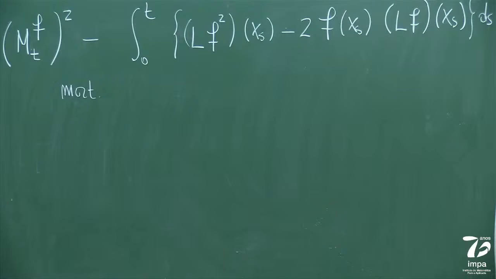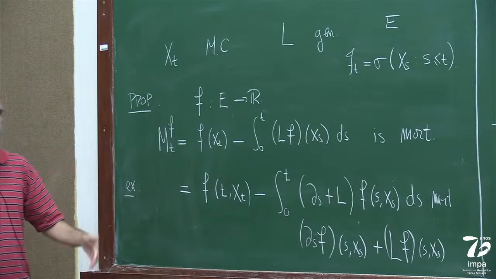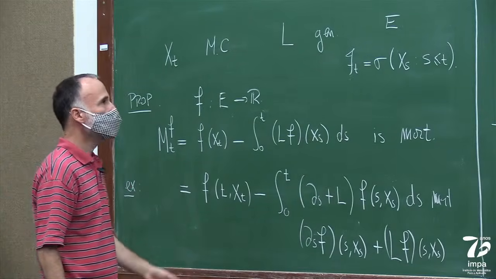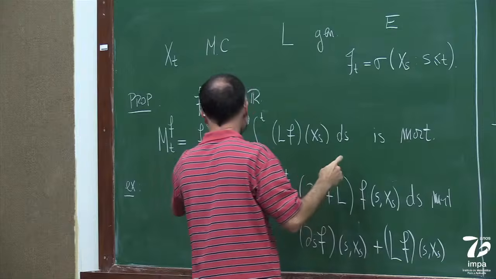All right? So let's prove that. In order to prove that, well, I have M^f, it's given by this formula. Let's expand this square. So I will just consider the first term, and I want to produce martingales. The first term is the square of this difference.